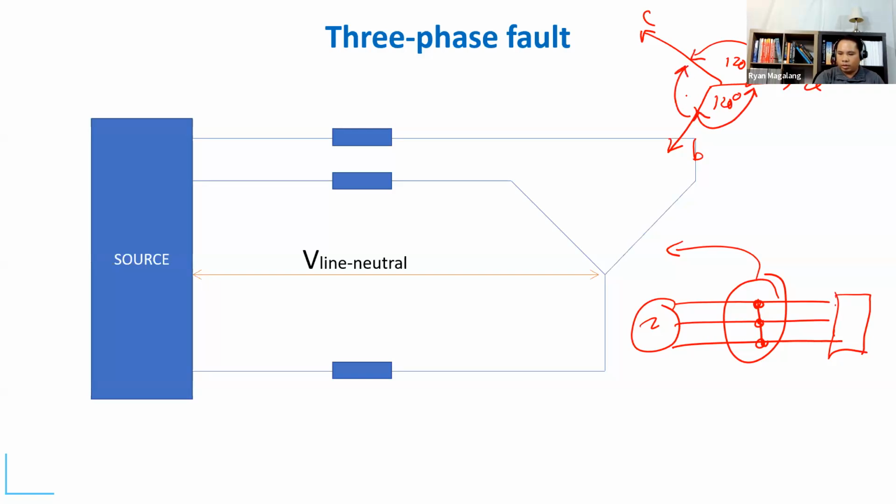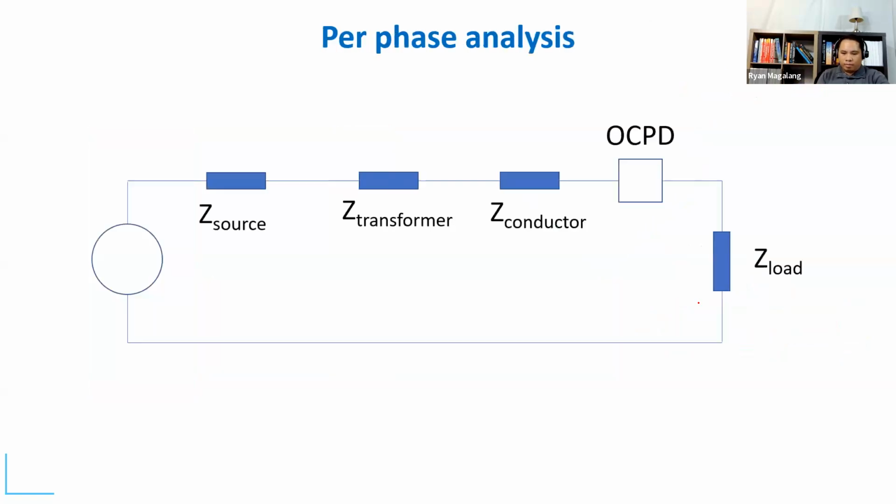So the magnitude is the same. There's no need to calculate and analyze all three phases. Just analyze one phase, and then we assume that all three phases have the same magnitude. So we now come to this per phase analysis.